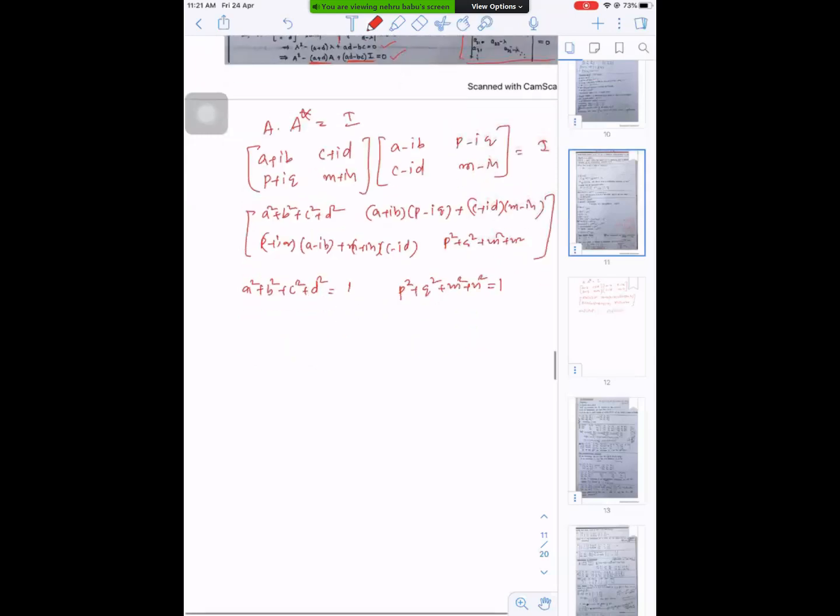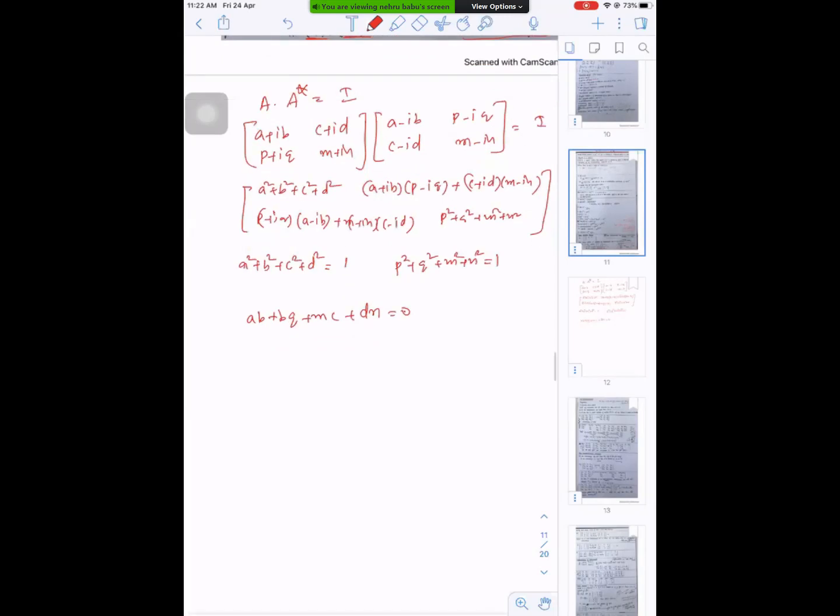And the remaining part, if you observe, is 0. Taking the real part in the second part: AP, iB into iQ gives plus BQ, plus MC plus DN equal to 0. And if you observe, the third element also gives the same thing: AP plus BQ, MC plus DN.